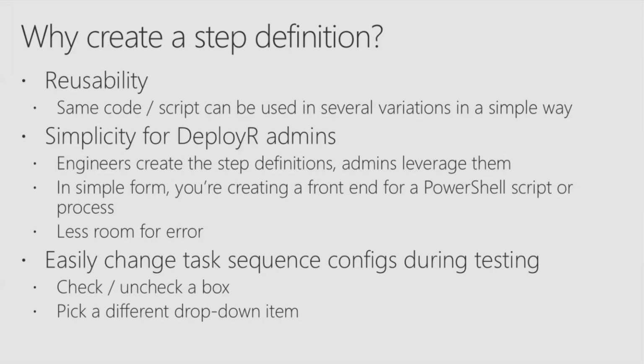Which gets us to the next point, simplicity for your DeployR admins, right? As an engineer, I enjoy creating new processes and things, but then when I hand that down to someone else who might want to use it slightly differently, I don't want them going in and tweaking code just to change a specific number.